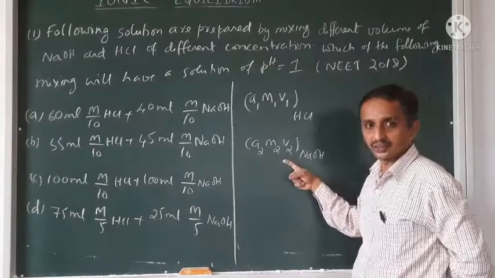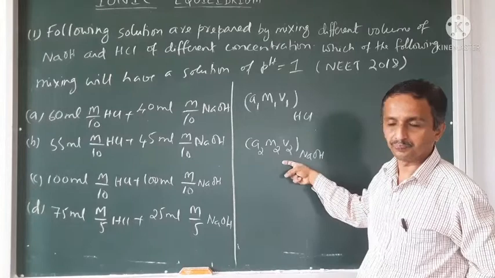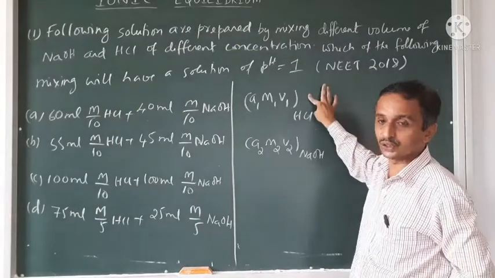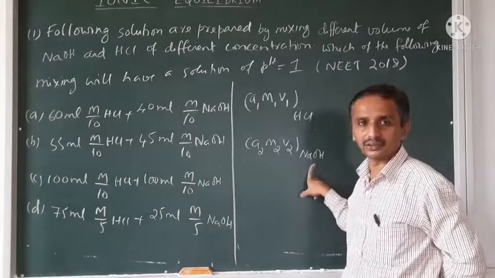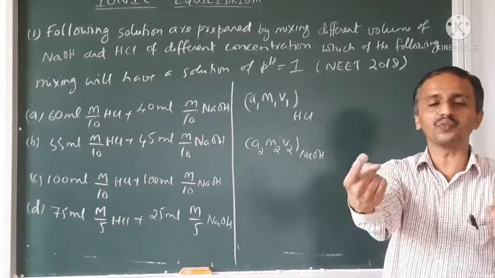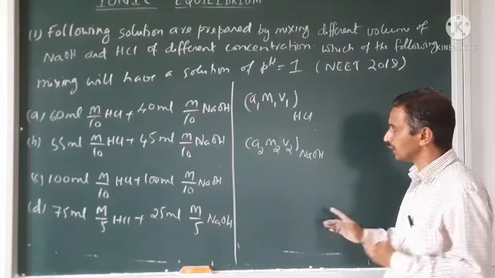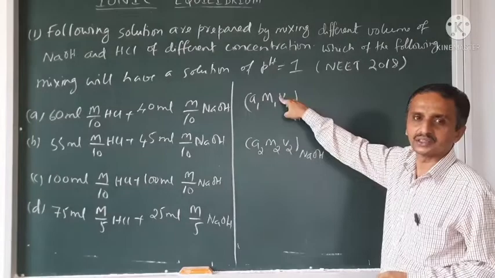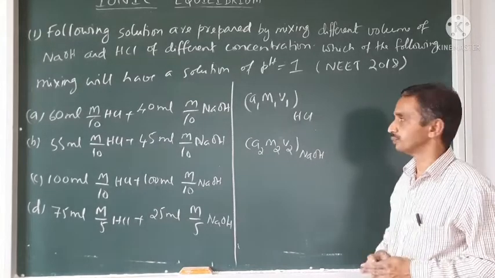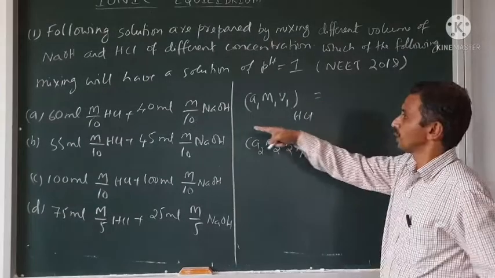If this value is higher, then it is basic. If this value is higher, then get the H plus ion concentration. If this value is higher, then get the OH minus ion concentration remaining after the reaction. For that, you have to take the difference and then you have to divide by the volume also. So we will see now.